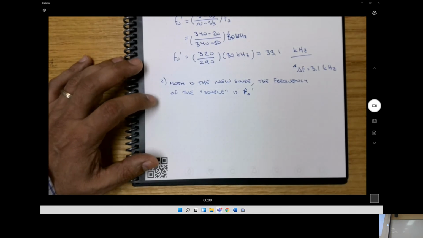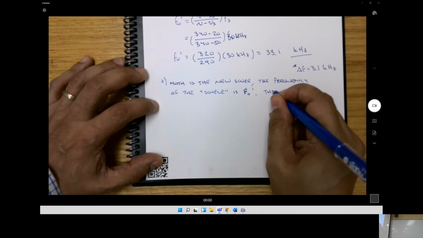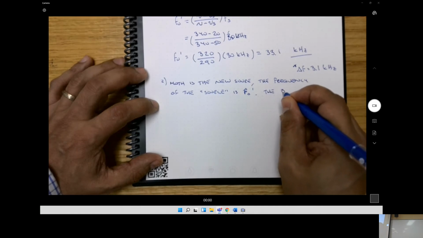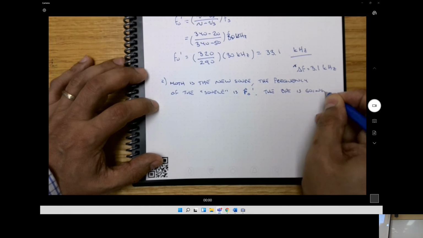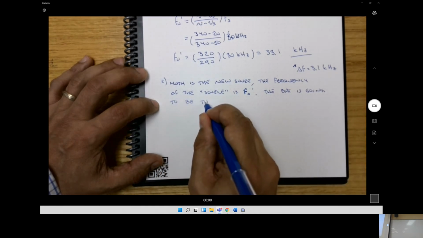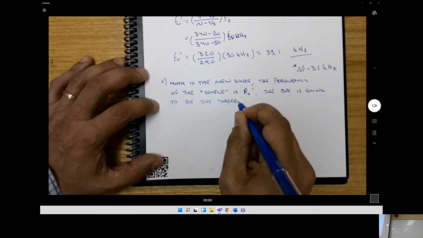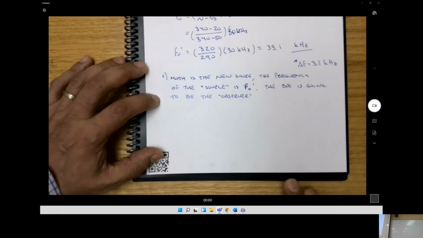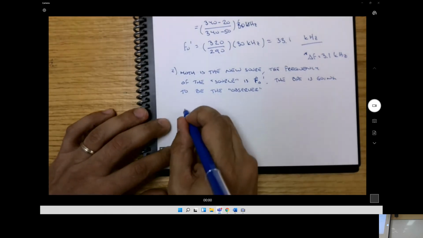And the bat is going to be the observer. And I'm going to use the same equation.